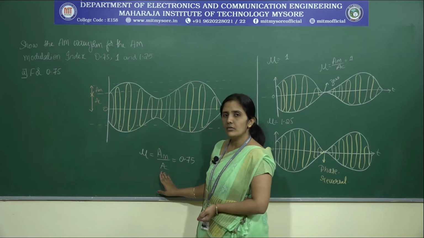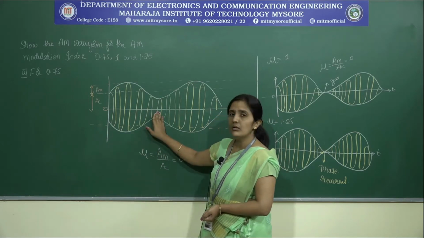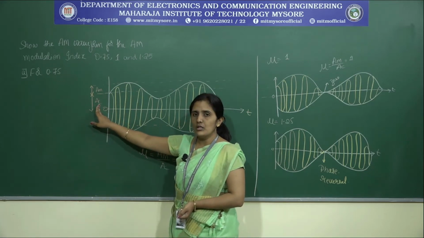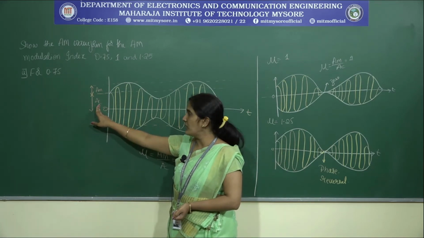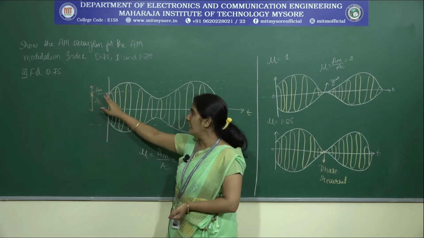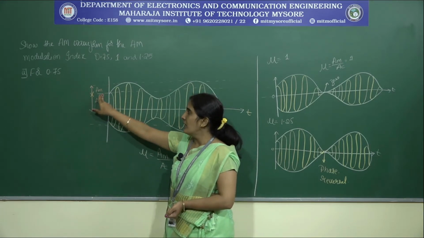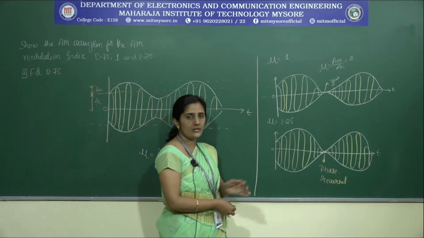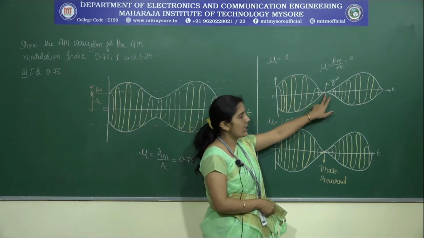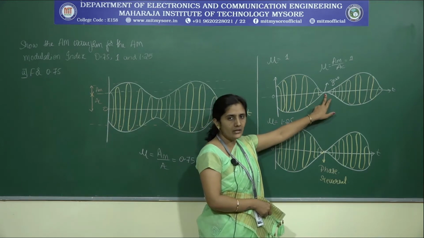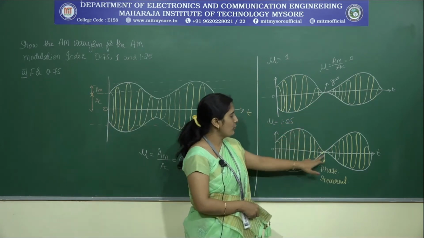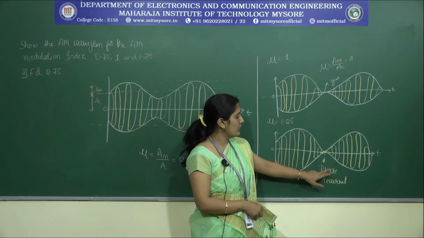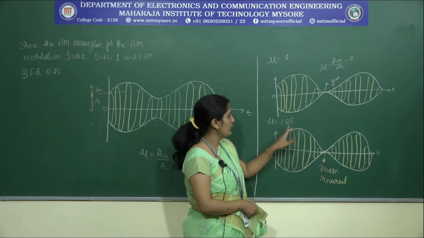So we can conclude this problem: if it is below 1, AM divided by AC is equal to 0.75. We are going to get the waveform like this, because here carrier amplitude is more than the message amplitude. So you can see the AM wave here. Whenever the modulation index is equal to 1, it directly touches 0, that is T here, and if it is 1.25, there will be phase reversal.